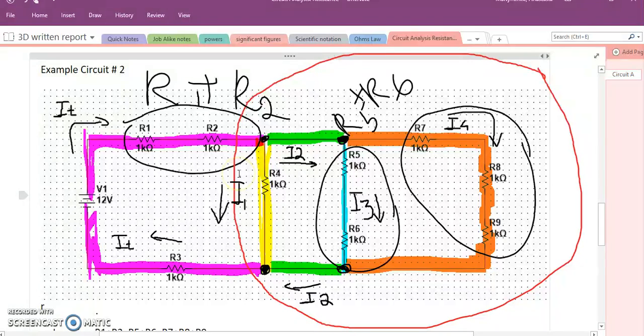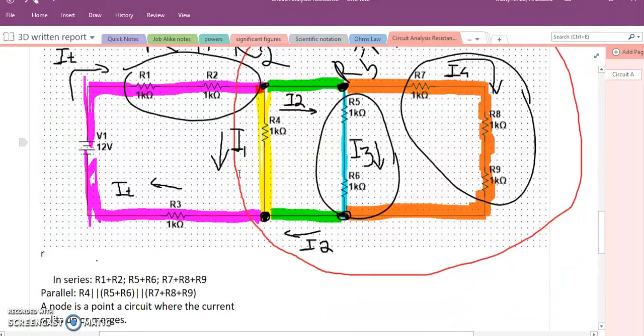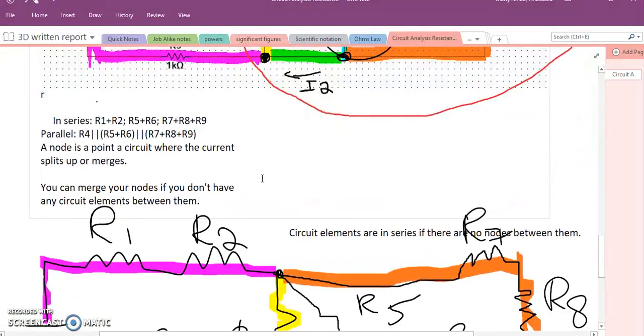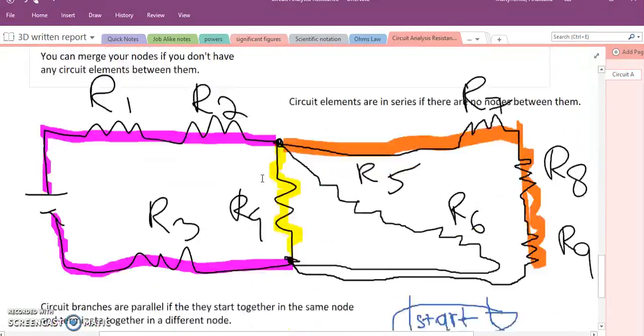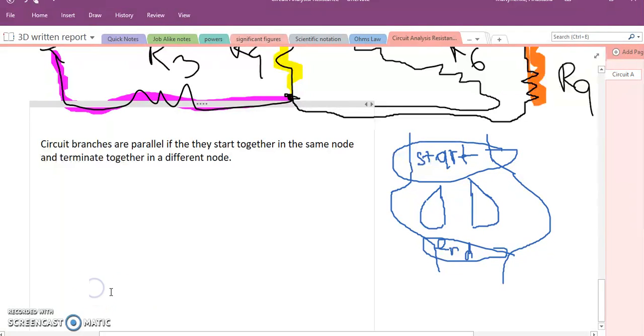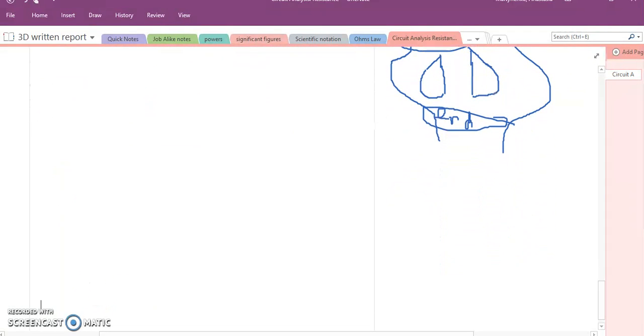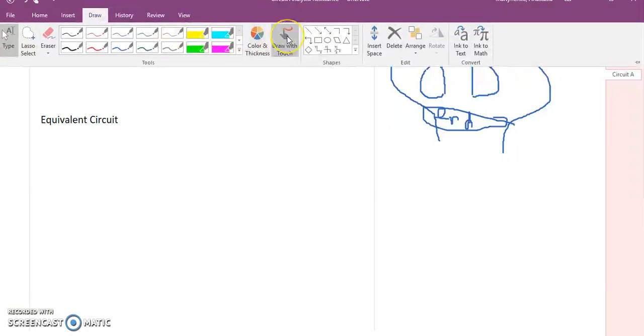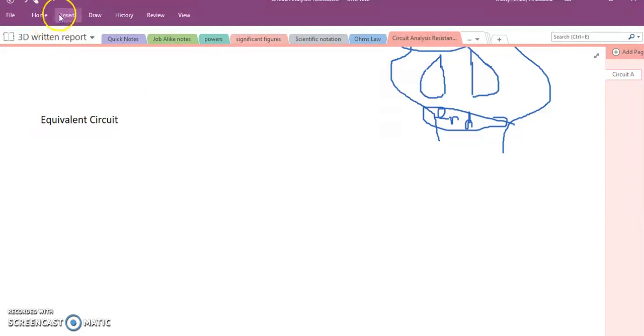Well, I can now make an equivalent circuit that will be exactly in series. If I were to replace my red bubble with one big resistor, or one small resistor in this case, since this is a parallel circuit, I'm going to end up with a circuit that has only resistors in series. So here's my equivalent circuit. And I'm just going to hand draw it, so hopefully it's not going to look too horrible.